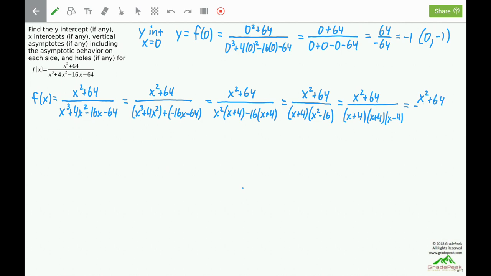The x plus 4s can be put together to give x plus 4 squared times x minus 4. We now want to cancel out any common factors in the numerator and denominator. There are no common factors.